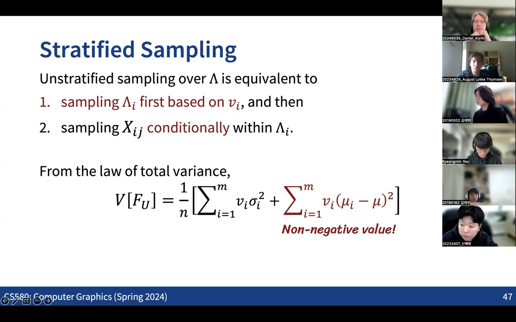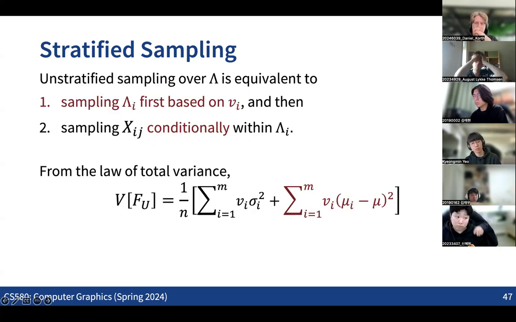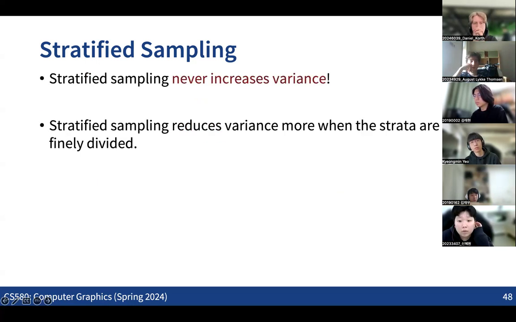From this, I skipped some details here, but when you compare these two variances, the one for stratified sampling and the one for unstratified sampling, what we can conclude is that stratified sampling, dividing the region into multiple small pieces, never increases the variance. Which means that stratified sampling is always better than unstratified sampling.